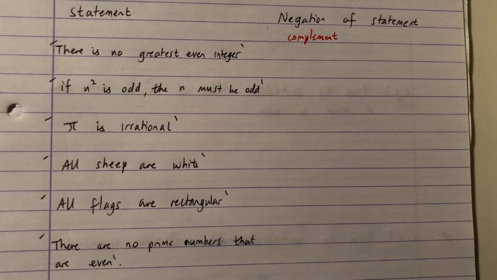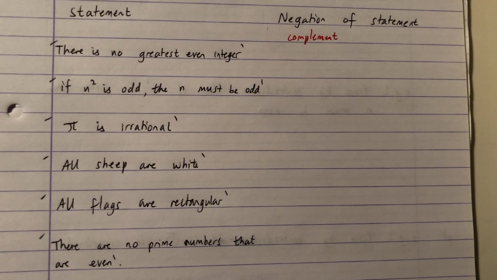So, all sheep are white is the statement. Now, I'm looking for the negation of that statement, which is the complement of that statement. So that would be something summarising everything apart from all sheep are white. So you can't just say all sheep are not white. That wouldn't be good enough in this case.